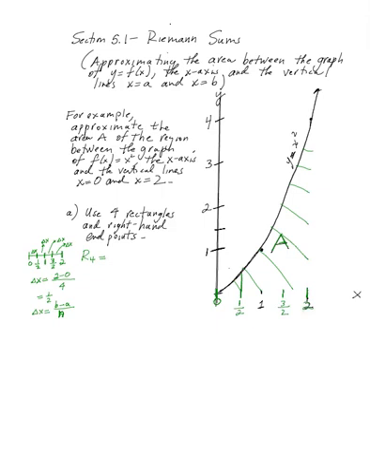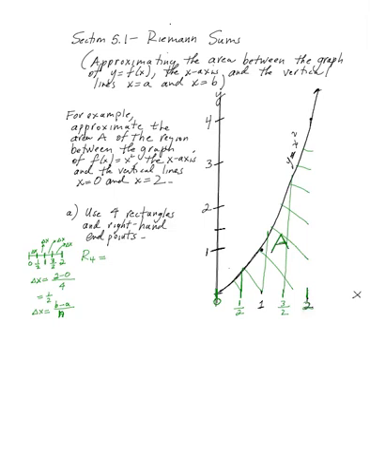And now I just draw a vertical line through each one of these tick marks until I hit the graph. I'm going to draw a rectangle. In other words, I'm going to draw the top of a rectangle over each one of these subintervals.